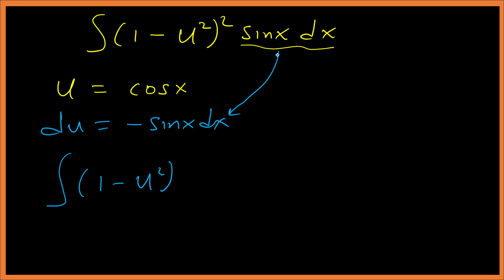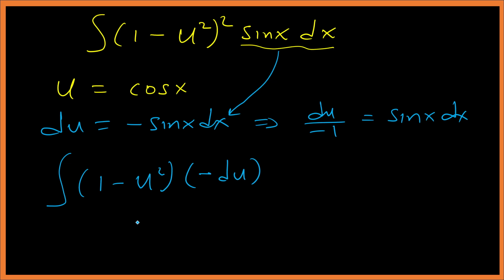We have sine x dx, but this side is minus sine x dx, so du over minus 1 equals sine x dx. And this is the same as negative du. So in place of this, I'll put negative du.